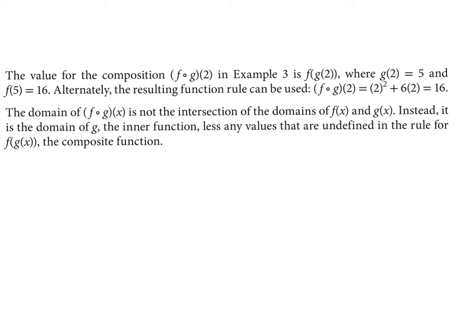But if they wanted a specific number, you need to do the composition and find the answer of the composition, not of one of the individual functions. So you can have just a composition where they want a new function, or you can do a composition with a number where they want you to find the new function and plug the number in and come up with a numeric answer. Two different ways to do composition, all right?